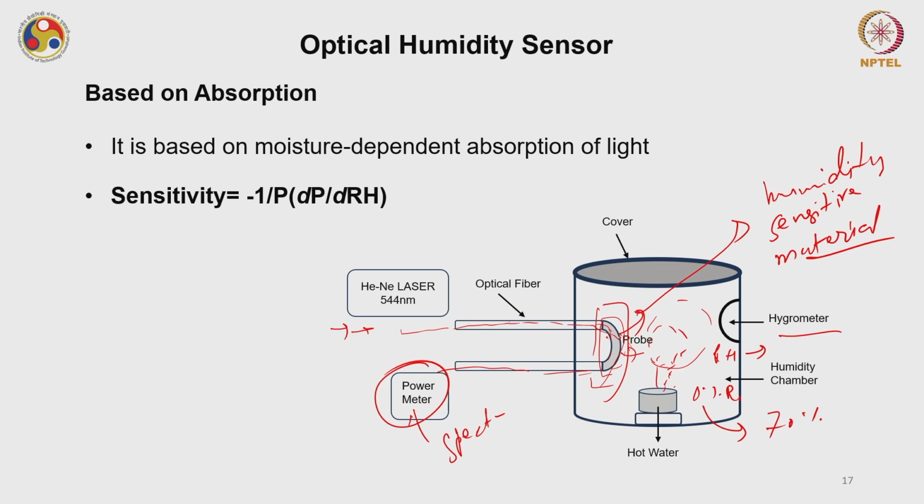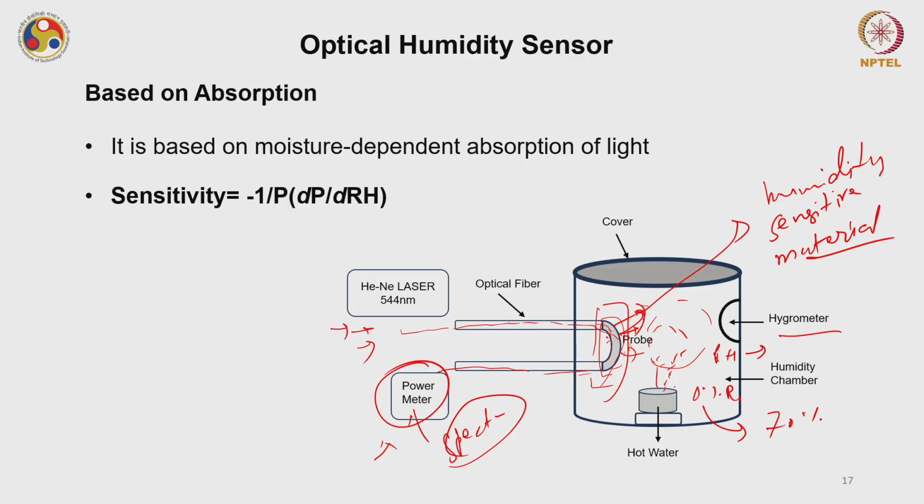It is absorbing moisture from this chamber. Now when this has swelled, you will find that the power meter that reads the initial power coming from this helium neon laser shows a decrease, or depending on the probe, it can increase also. Mostly it decreases.